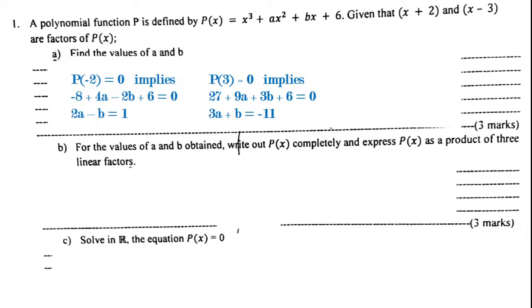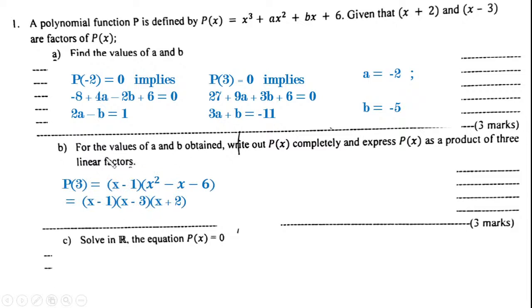Solving these simultaneous equations, we have a equals minus 2 and b equals minus 5. Okay, that's good.